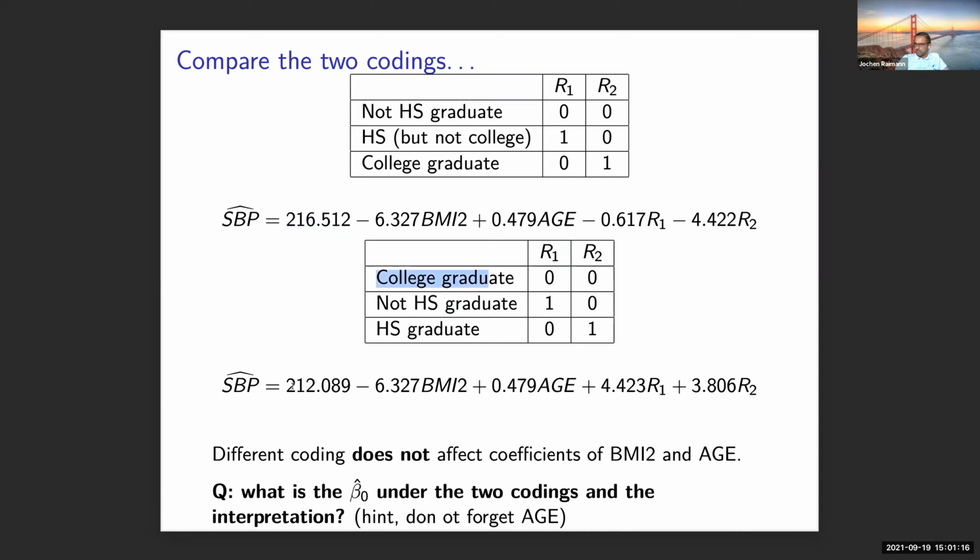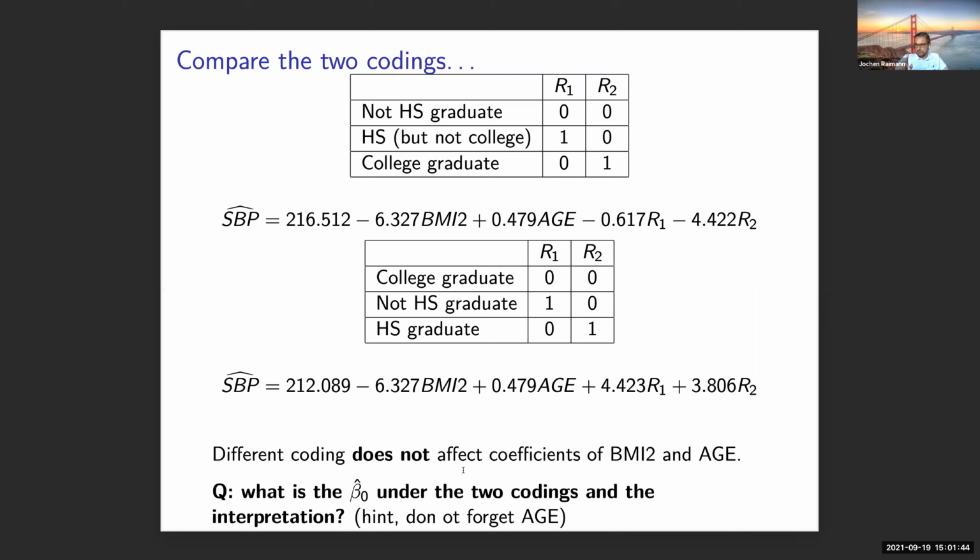So this is actually 212 for those with a high BMI, constant age, and being a college graduate. So if you were a high school graduate, you would add. If you're not high school, no college, you add even more. So is this clear?